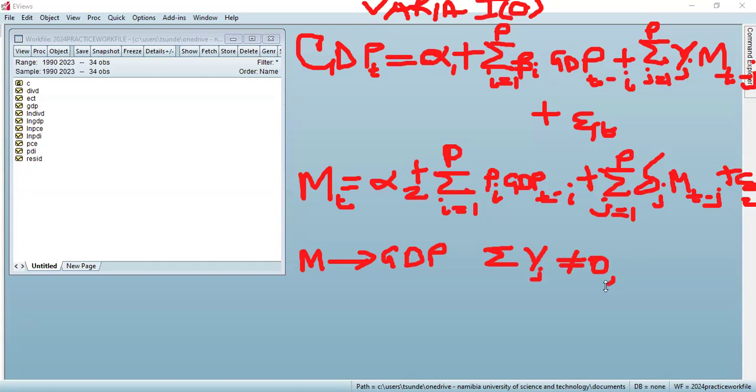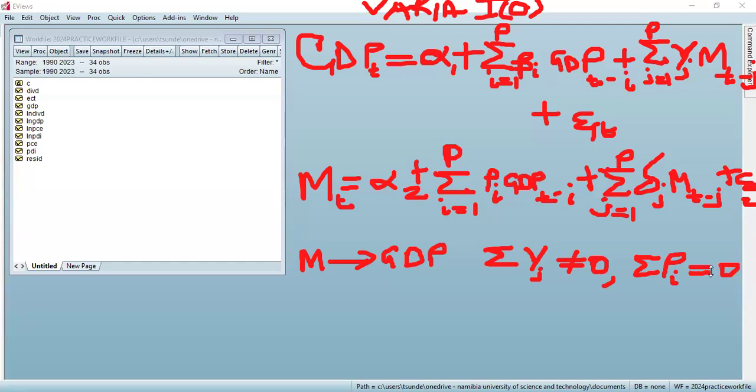But the parameters of GDP in the second equation, the rho i's, are equal to 0.